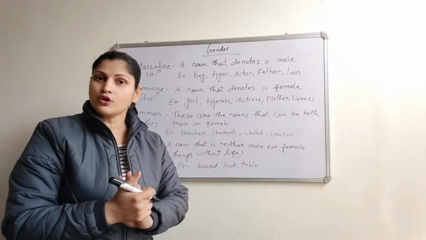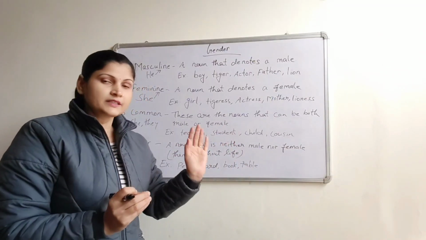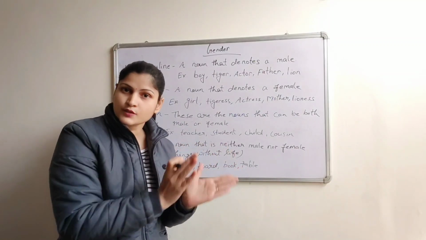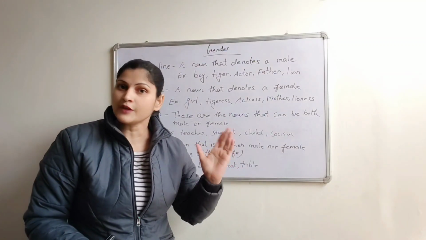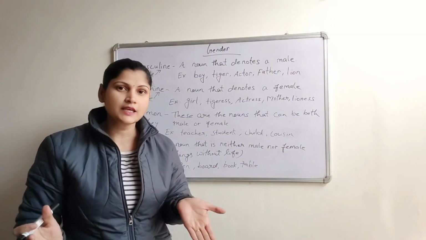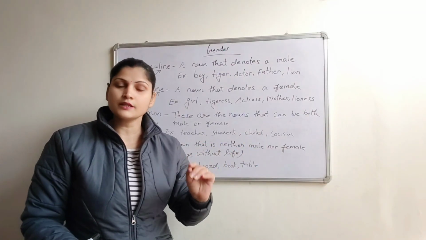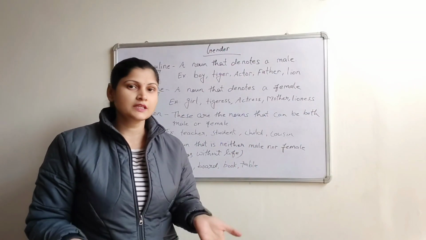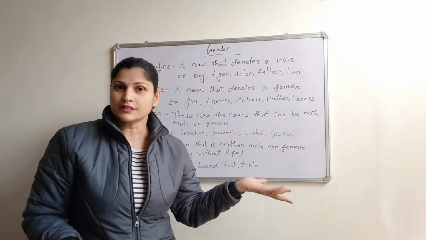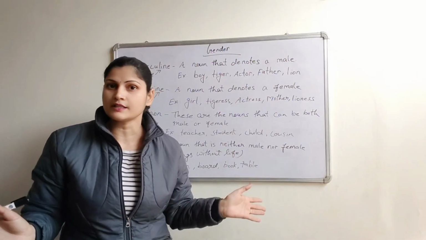If we are talking about a teacher, the teacher is in the classroom. If there is a female teacher, then we will say she is teaching this subject. If it is a male teacher, then we will say he is teaching this subject.